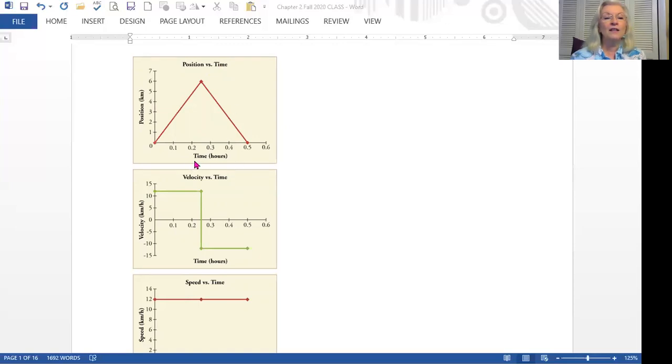Let's look at those two axes. Each axis will have a title, and in parentheses, you'll have the units it's measured in. So if time's on our horizontal axis, we are measuring it in hours. Position on the vertical axis, we are measuring it in kilometers. And you'll notice that 0 starts our graph, and we don't have any big breaks.